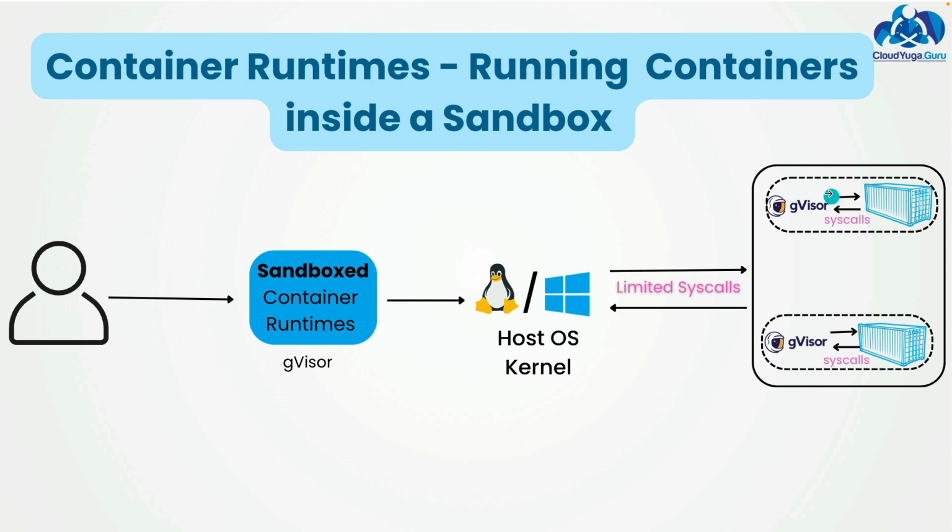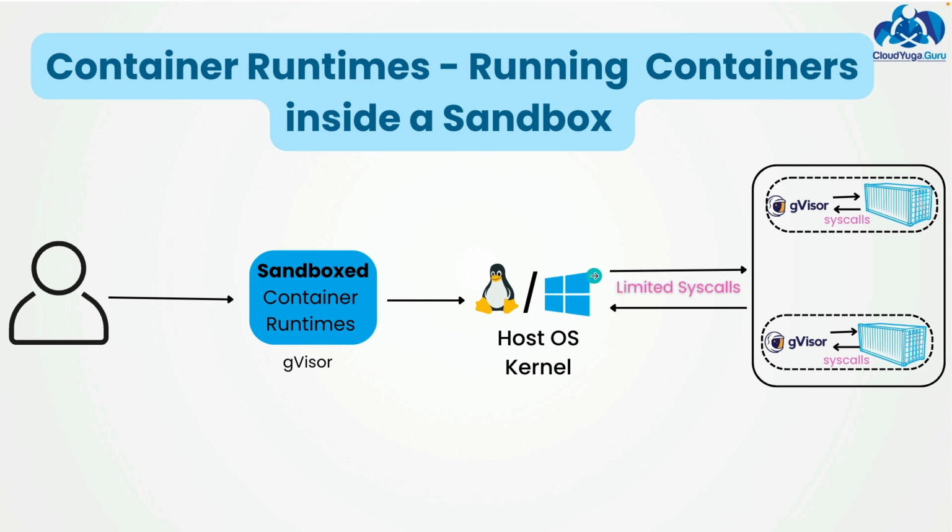So what we do here is, in the sandbox environment, we have this gVisor component which behaves like a user kernel for the container. The container thinks that it has the entire access of the kernel via gVisor, but then gVisor controls or limits those system calls which we send to the host system.